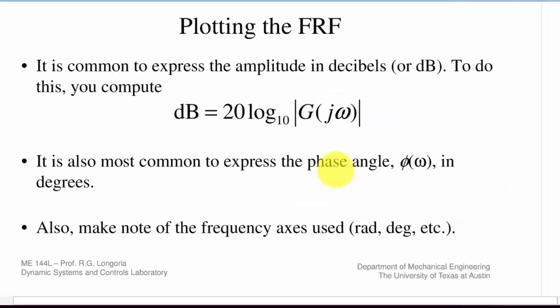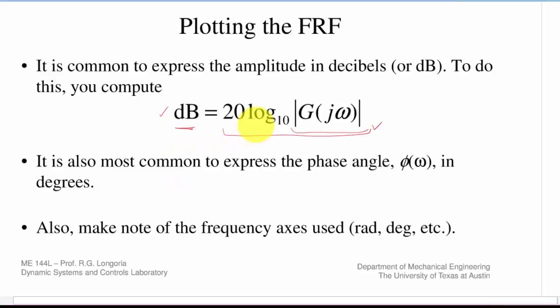Now with regard to plotting, a lot of times we plot the magnitude function by taking the log and multiplying by 20, and that's defined as a decibel. Usually if you ever see a decibel unit, it's basically been scaled this way. It's just a classical way of doing this. That's related to a power ratio, but we won't worry about that at this point.